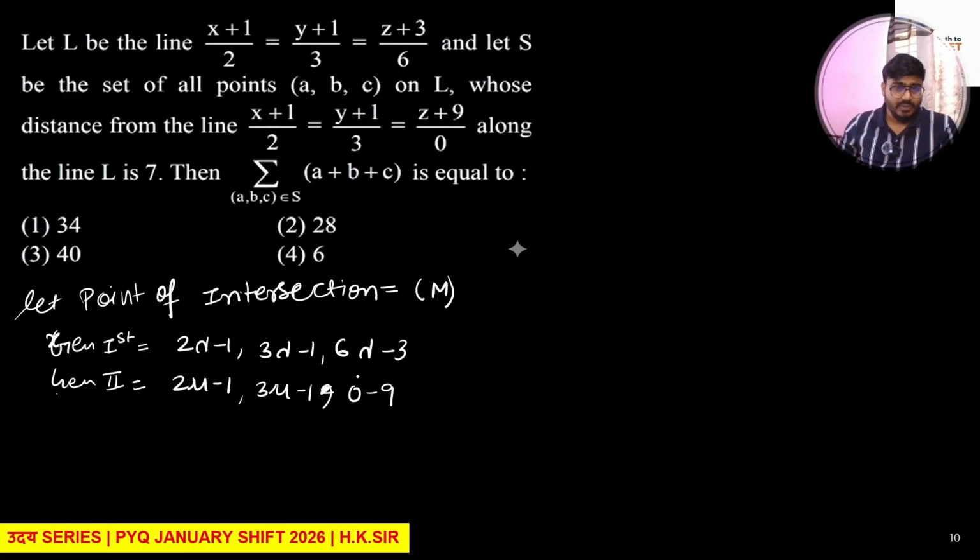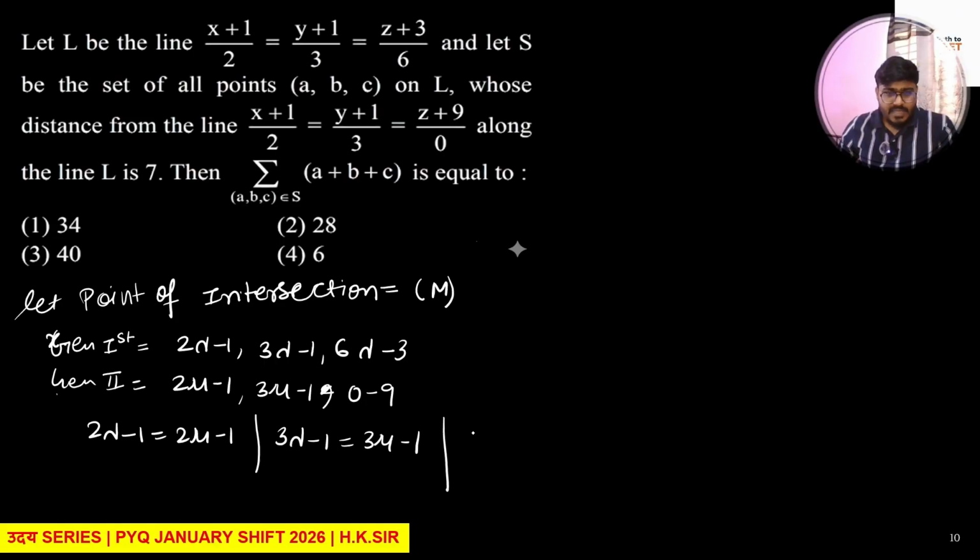So from here we can say 2 lambda minus 1 equal to 2 mu minus 1, 3 lambda minus 1 equal to 3 mu minus 1, and 6 lambda minus 3 equal to minus 9. So from here 6 lambda equal to minus 6, lambda equal to minus 1.